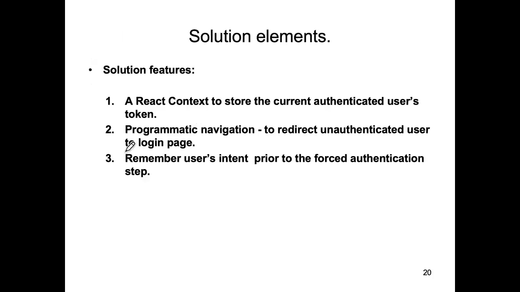So some elements of our solution will be, we're going to use a React context to store, what I'm deciding to store is the current user's token. Typically the way authentication works is the user enters their credentials.